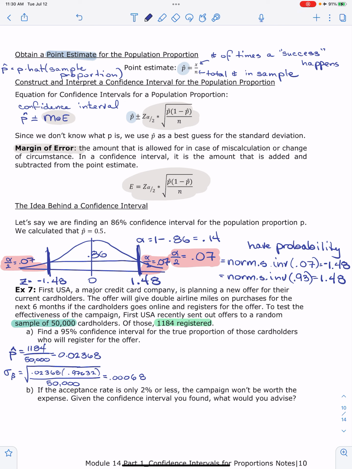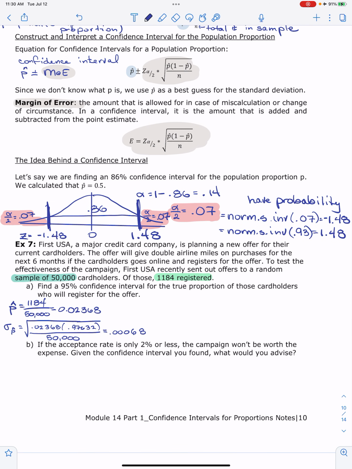The next thing I need to do is figure out how I trap 95% of those cardholders. So we want a 95% confidence interval, which means I want the cutoffs here that give me 95% of the curve.